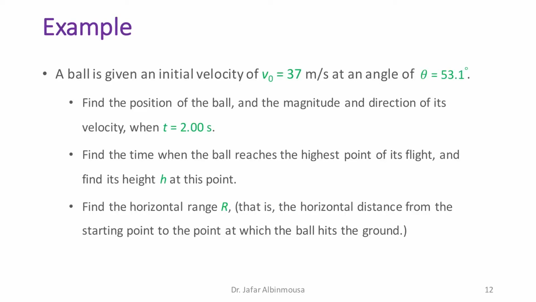We want to find the time when the ball reaches the highest point of its flight, and the height at that point, which is the maximum height. Also, we want to find the horizontal range, which is the x distance covered by the projectile when the ball hits the ground.